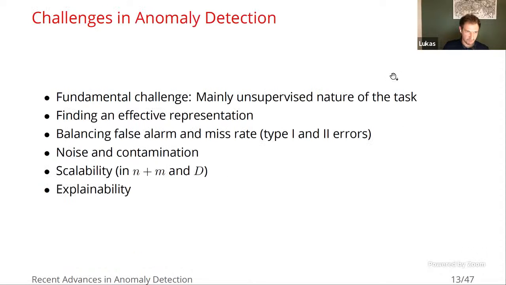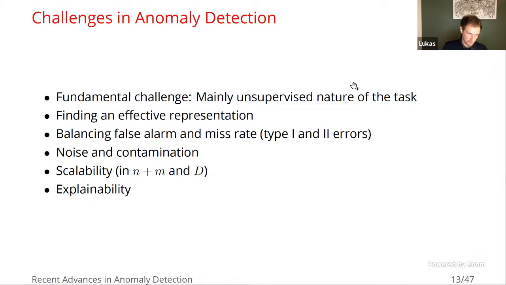And the challenge, this is also the main challenge in anomaly detection, the unsupervised nature of this task, and the reason why, in comparison to other applications where deep learning brought advances way earlier, is that it's much harder to do deep learning in an unsupervised setting.